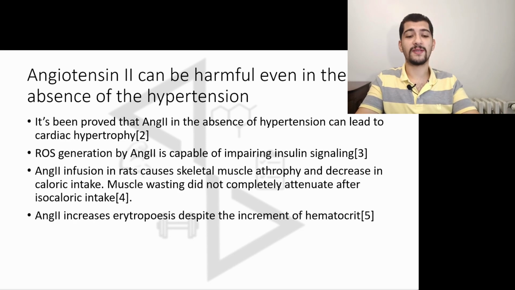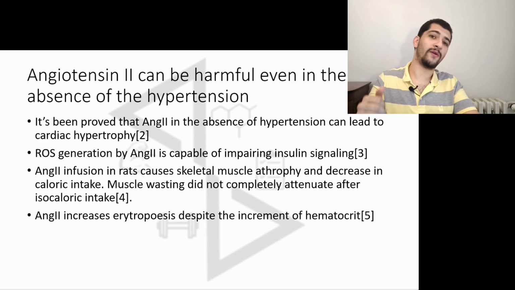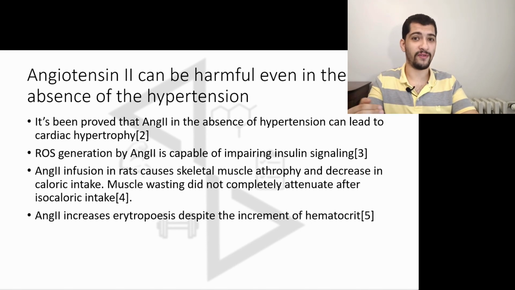Also, angiotensin 2 increases erythropoiesis, production of red blood cells, despite the increment of hematocrit. So the normal feedback mechanism is when you have enough hematocrit, enough oxygenation, your body will produce less signaling for erythropoiesis.